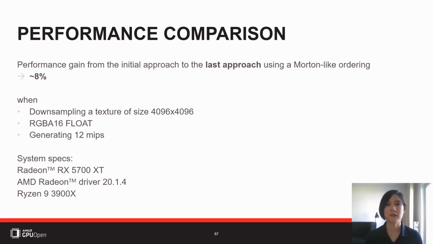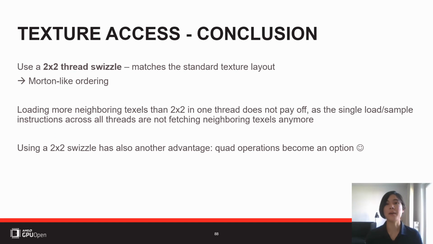The other two examples I mentioned, the second and the third, were actually slower than the last approach. Why were they slower? It's because if you look at the single sample instruction, you were loading scattered data, which reduced the cache efficiency.